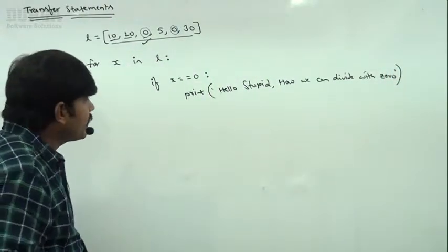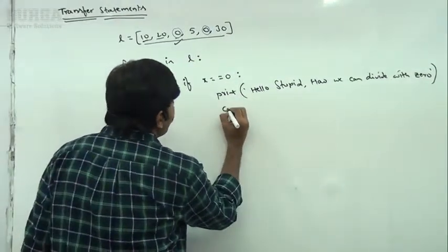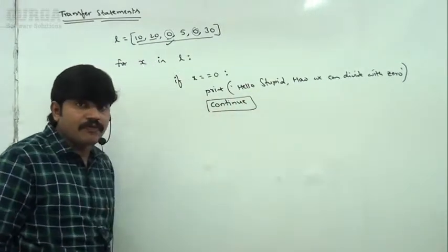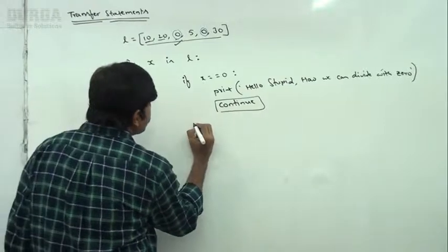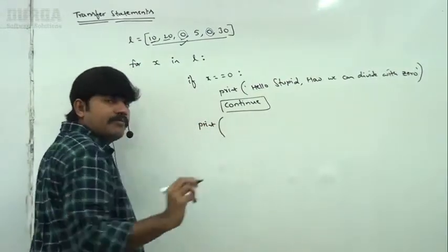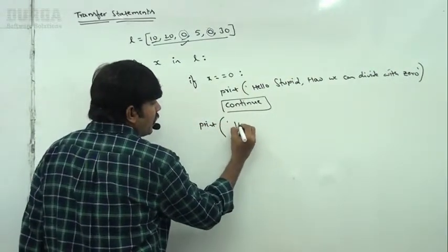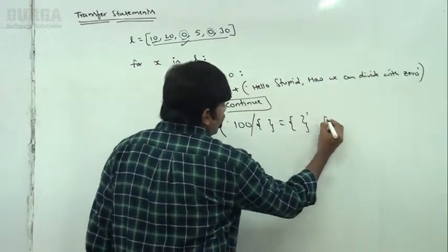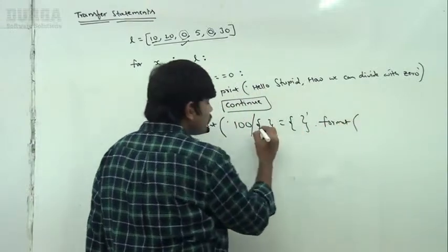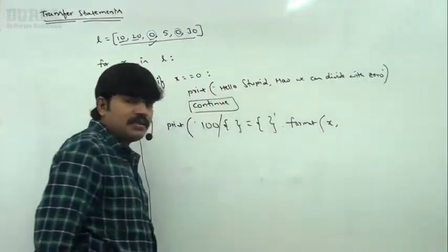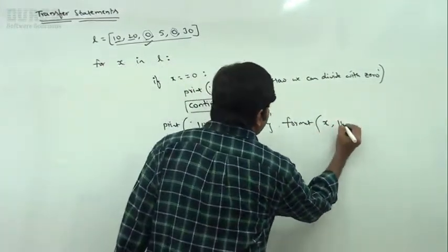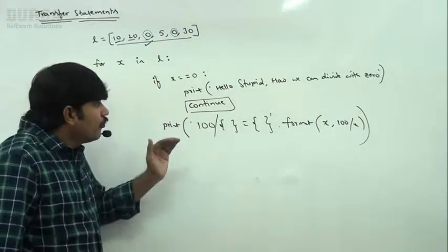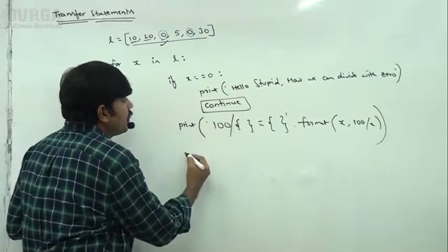Then continue for the next number. If it is not 0, just print, as I just told, 100 by curly brace is equal to curly brace dot format. The first curly brace we replace with x, the second curly brace with 100 by x. Now the ZeroDivisionError we can overcome with this continue statement, right?